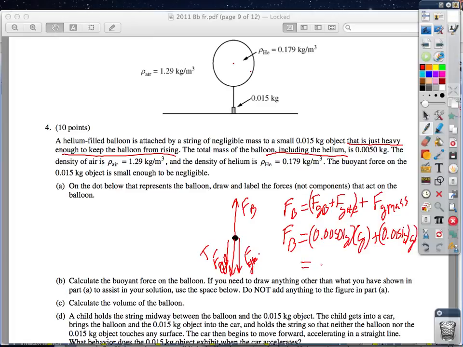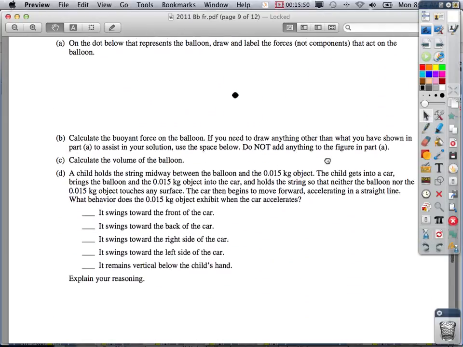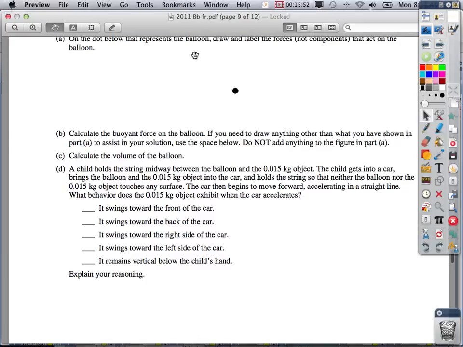So it basically just becomes, that would have been 0.02, so it's going to become 0.2 newtons basically, because you multiply by around 10.